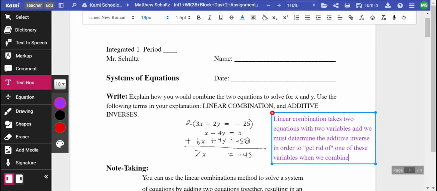When we combine, I multiplied by 2, change the 2y into 4y, which is the additive inverse. There we go.